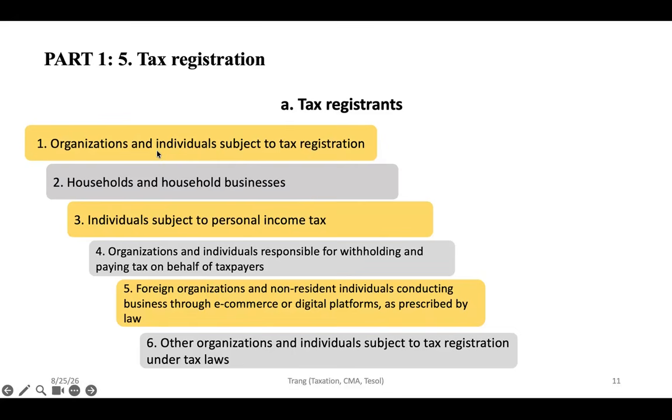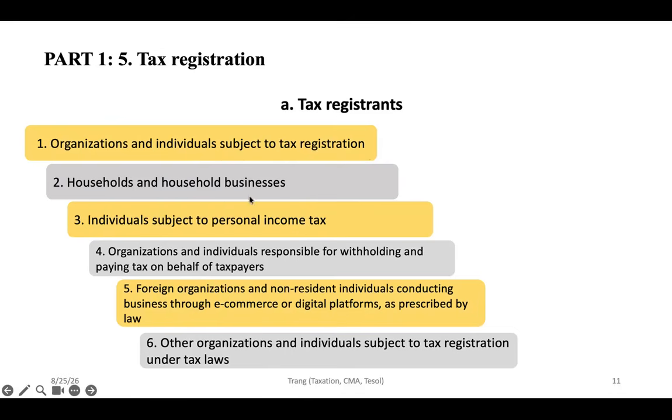First, we have organizations and individuals subject to tax registration. This is a broad category that covers standard corporations, enterprises, and independent professionals, establishing their tax presence.